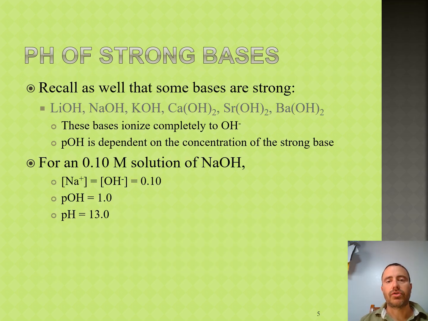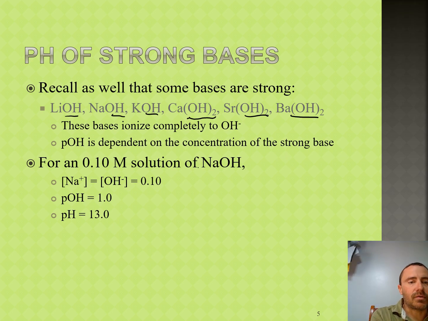Just like our strong acids, our strong bases are things that completely ionize as well. And when they completely ionize, they are going to produce OH-. These ones are going to produce 1 OH for every molecule. These ones are going to produce 2. Your strong bases are relatively easy to memorize as well.